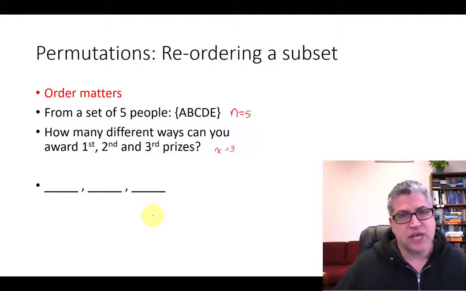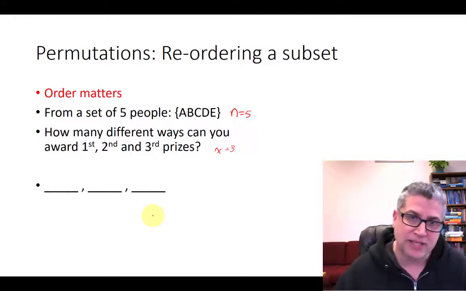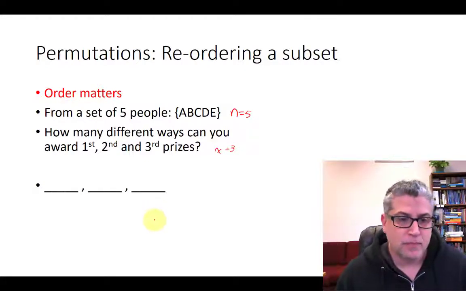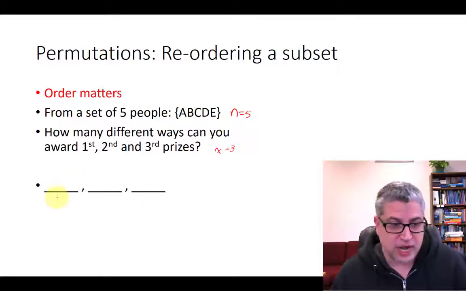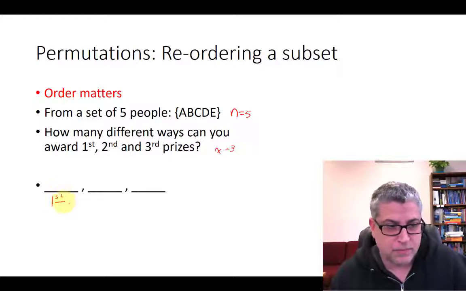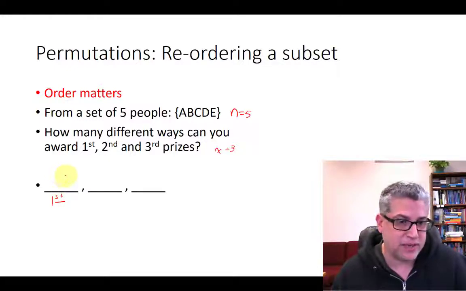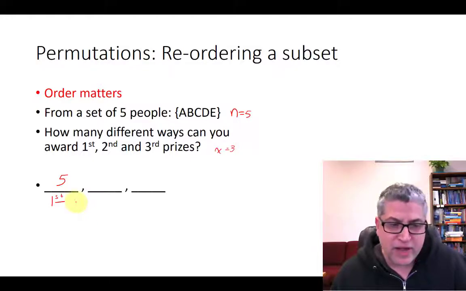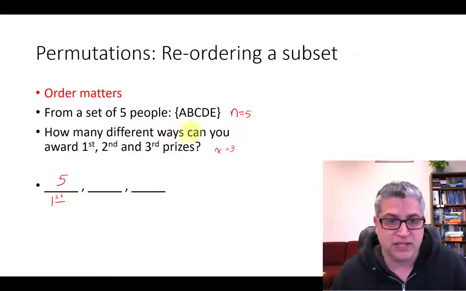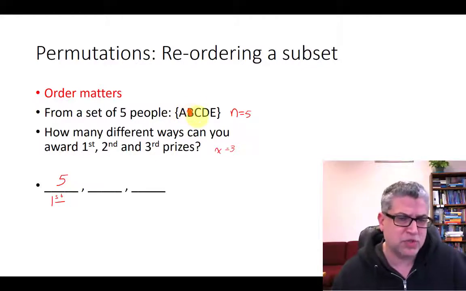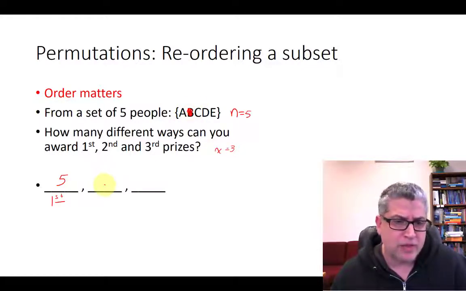So let's use the same kind of formulaic thinking we did in the last slide here. Now we'd like to award first prize. We could award it any way we wanted to, but we have 5 options, A, B, C, D, and E. Now, once we've figured out who's first place, like let's say it's person B, doesn't matter, but just say it's B, then how many options do we have left?